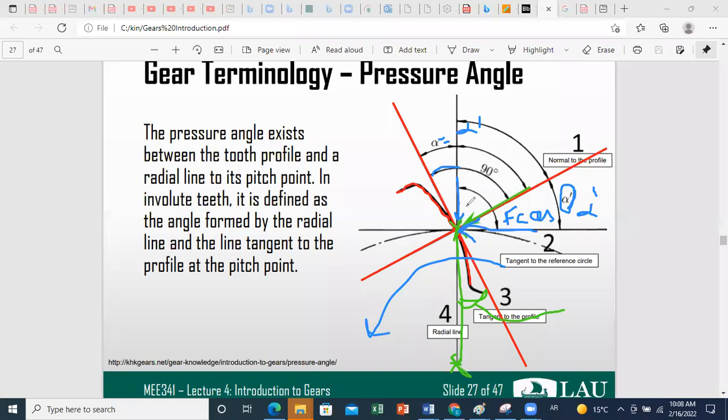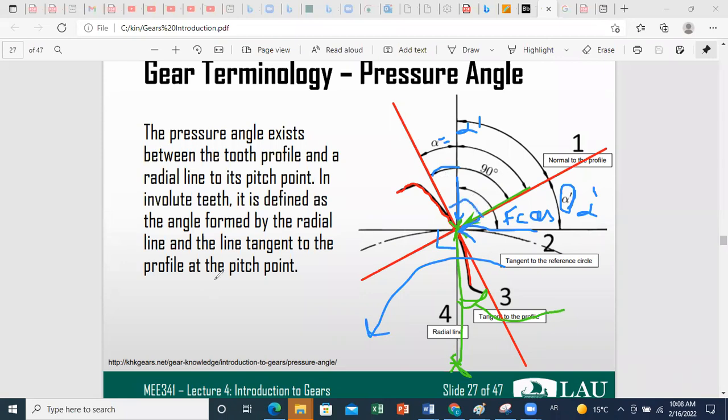Why is it the same angle? Because you know that the angle between the radial line and the tangent to the pitch circle is 90 degrees. And also the angle between the normal to the profile and the tangent to the profile is 90 degrees.